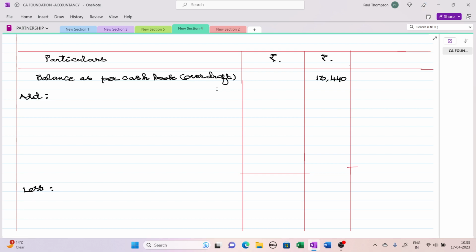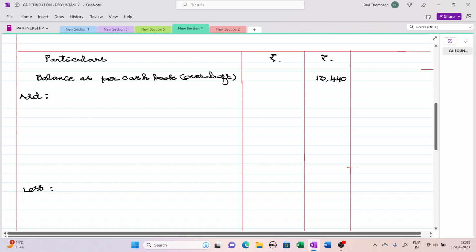Overdraft is also the same thing. No need of thinking whether I should add or deduct. Don't get confused in all those things. So just take this as 13,440. We are going to add some of the items and reduce some of the items.